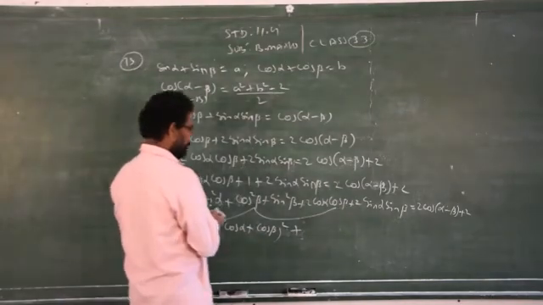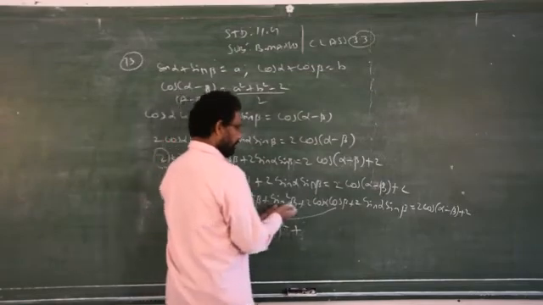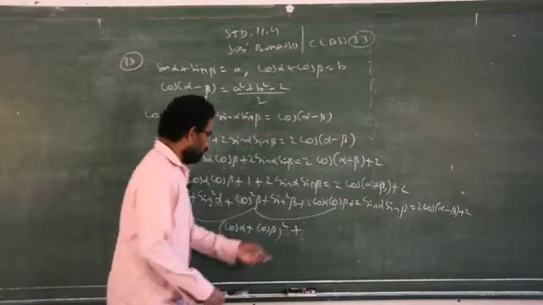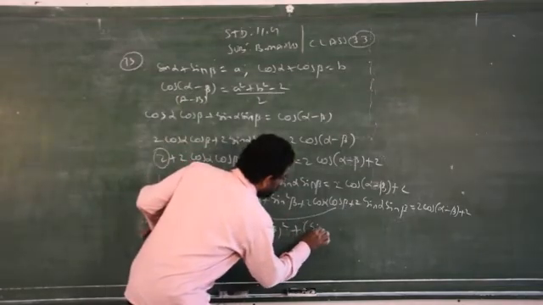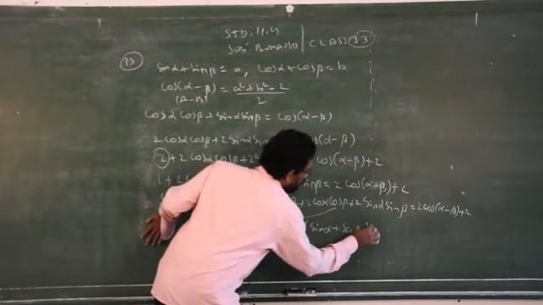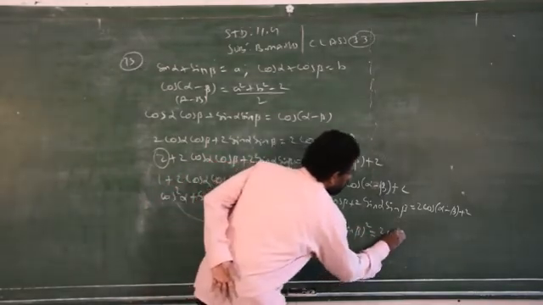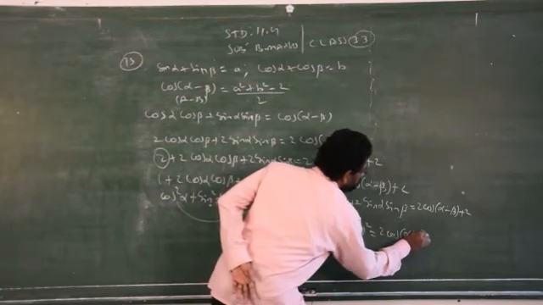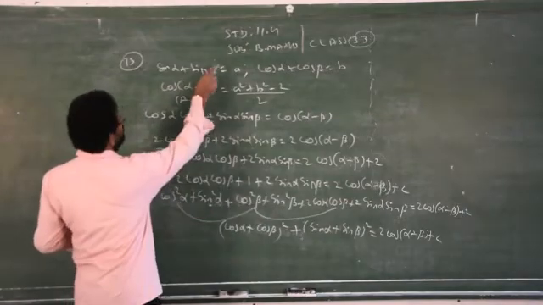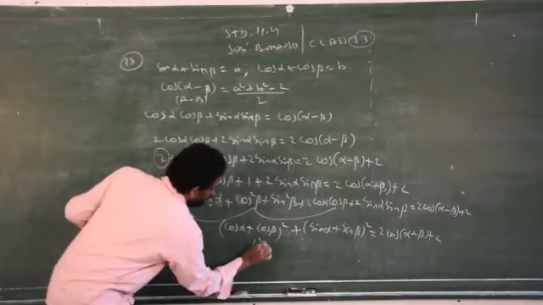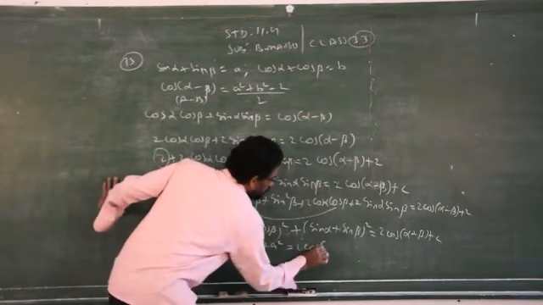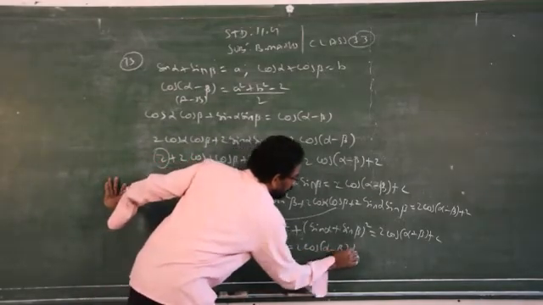A square plus B square plus 2AB is A plus B the whole square. The same way I got sin alpha plus sin beta the whole square is equal to 2 cos alpha minus beta plus 2. So this will become cos alpha plus cos beta, B square plus A square is equal to 2 cos alpha minus beta plus 2.